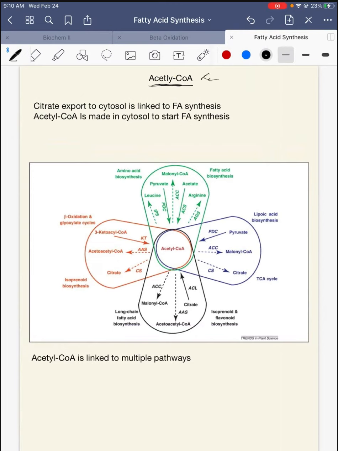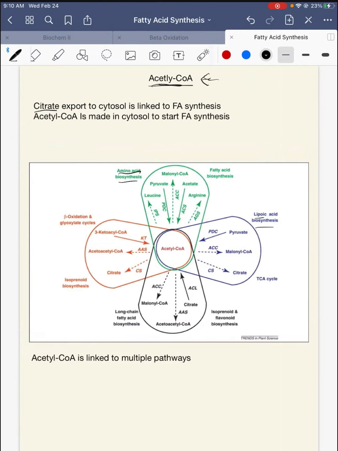We also see that acetyl-CoA is the starting point for TCA cycle, and it can also be involved in amino acid synthesis. But yeah, think of it as like the currency of the cell. It's involved in a lot of different pathways, so it's a way for the cell to be able to regulate all these different pathways together.